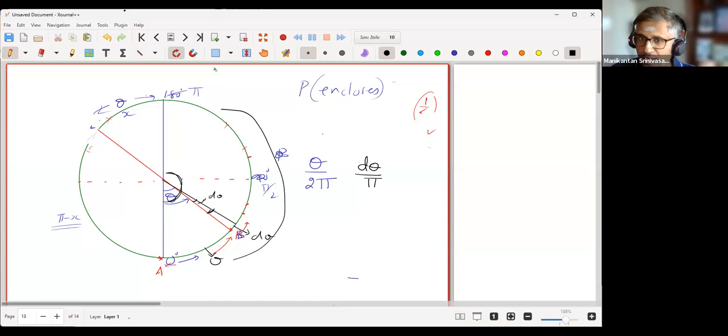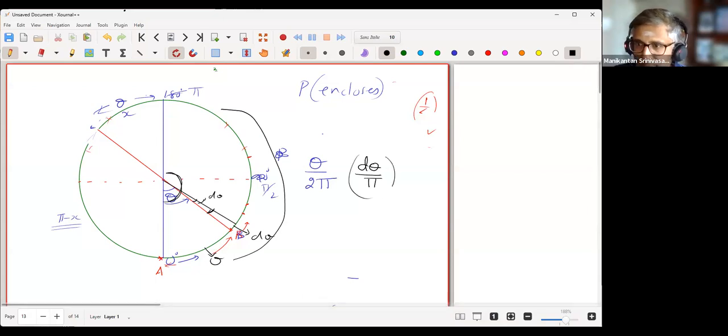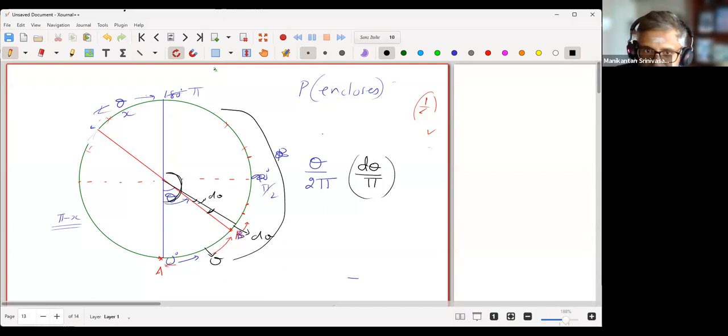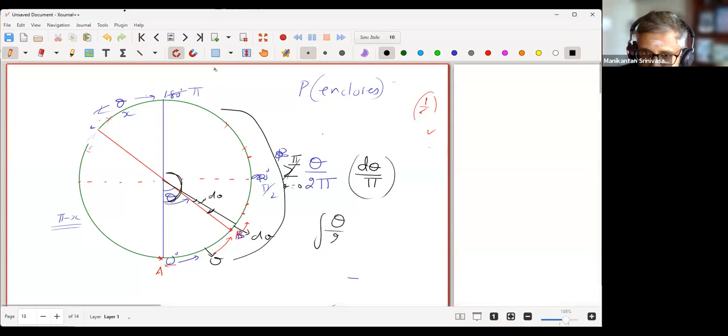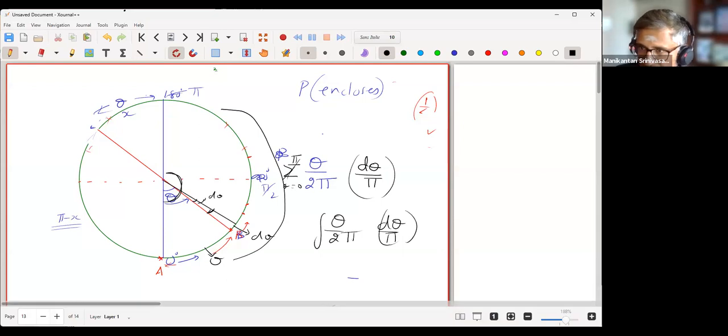So for B to be at an angle between theta and theta plus d theta, the proportion is d theta by pi. Are we all in agreement? Arab, you agree with me? Okay, and then we have to just sum it across all possible values of theta, where theta can vary all the way from 0 to pi, except that it's not summation but integration. So the integration of theta by 2 pi into d theta by pi is the fraction probability.